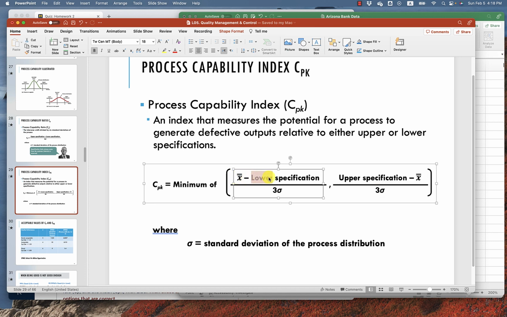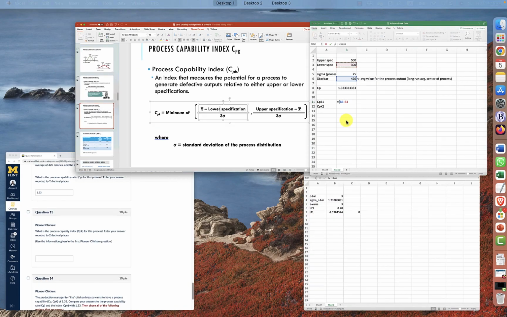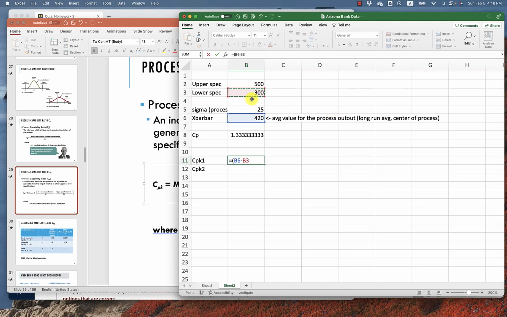The order of the minus is important because the negative sign can throw you off otherwise. So we do that: Xbar 420 minus the lower spec, divided by 3 times the sigma. Again, notice I put brackets around 3 times sigma. Don't forget these brackets, otherwise you'll just divide by 3 and multiply by sigma. You need to divide by both 3 and sigma. So that's your CPK1.